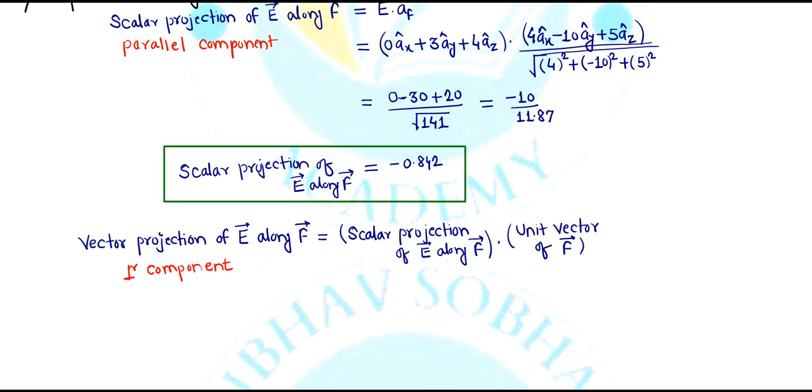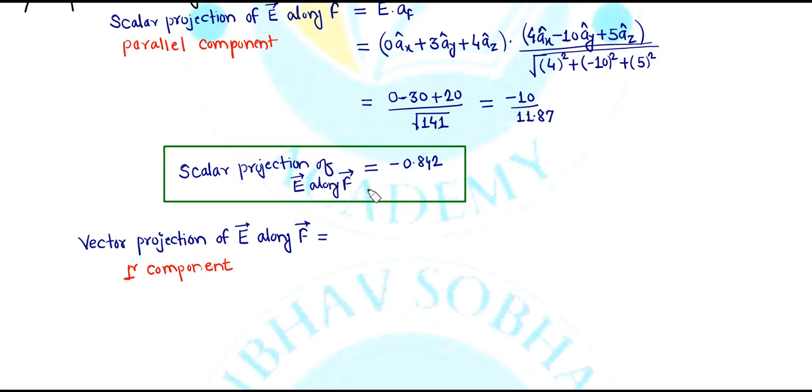Okay, now we have the value for the scalar projection of vector E along vector F, that is to be equals to minus of 0.842. Then we will have its dot product with respect to the, okay, let me represent it to you how you are going to write it down. So that will be equals to what now?